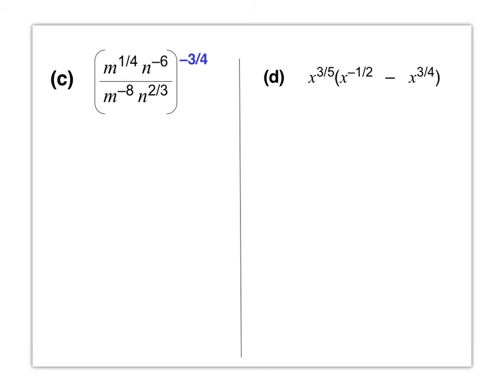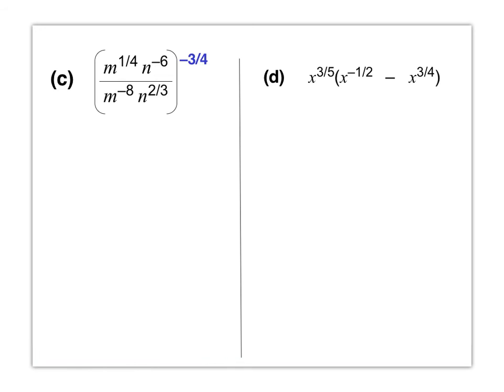When we do that, we get m to the 1/4 power, all raised to the negative 3/4 power, and then n to the negative 6, all raised to the negative 3/4 power. So we're distributing that exponent to all the terms in the numerator as well as all the terms in the denominator. Then in the denominator, m to the negative 8 we raise to the negative 3/4 power, and n to the 2/3 we raise to the negative 3/4 power.